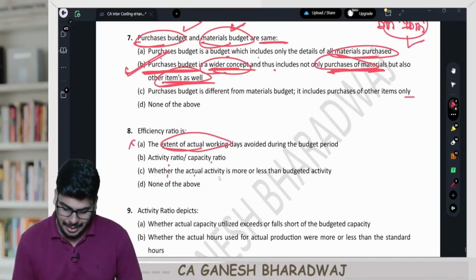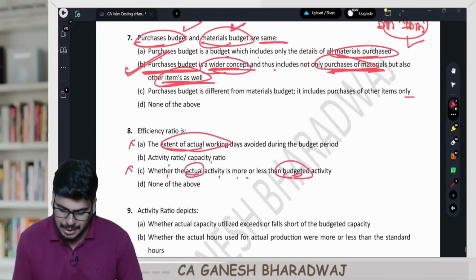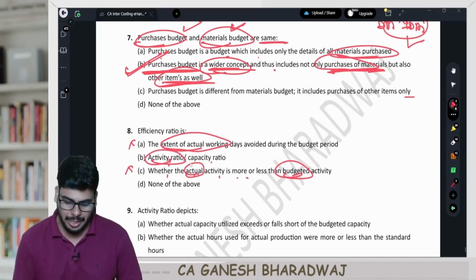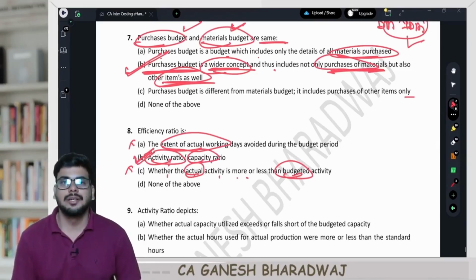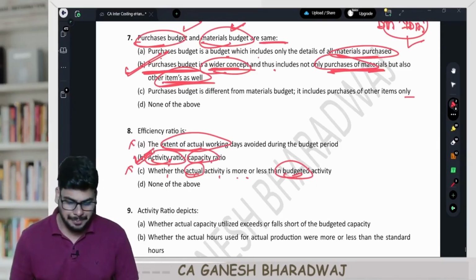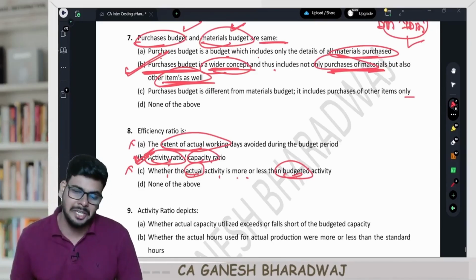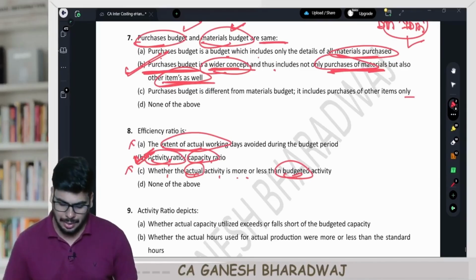Whether the activity, actual activity is more or less than the budget activity. No, here we don't compare the actual with budgeted. Are you clear with this? I can maybe call it as an activity ratio, or I can even call it as a capacity ratio. Here, this is the most nearest thing to your efficiency ratio. Though they are technically different, Institute has taken a stand that efficiency ratio can be compared with your activity ratios. Clear with this? Guys, clear with this, guys?